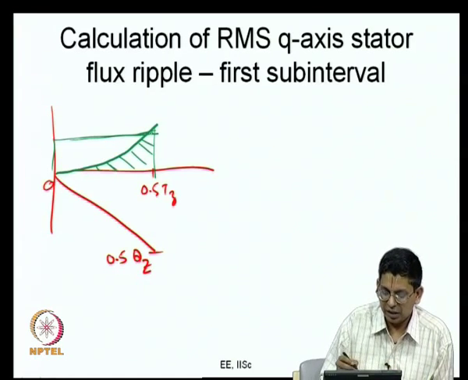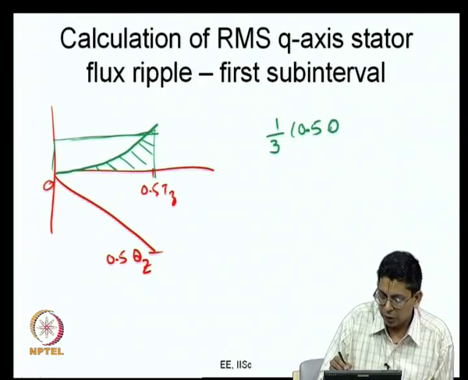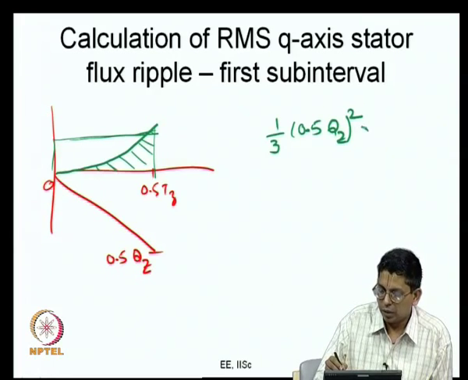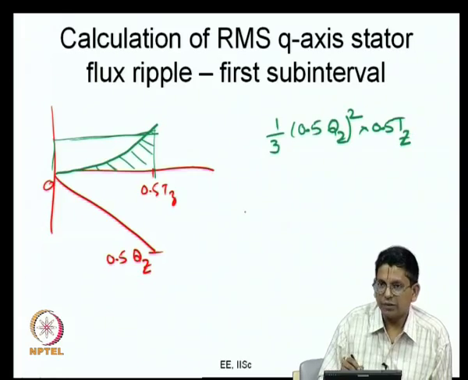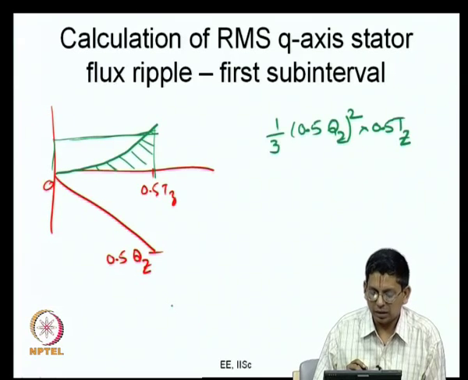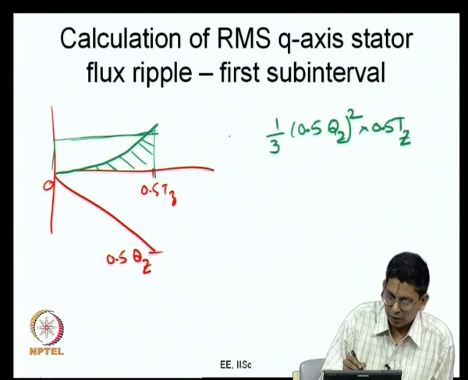So, what I can say here is it is going to be 1 by 3 times 0.5 Qz the whole squared, multiplied by 0.5 Tz. That would be the area of the rectangle, and this is going to be 1/3 of that. Let me call this small q1.